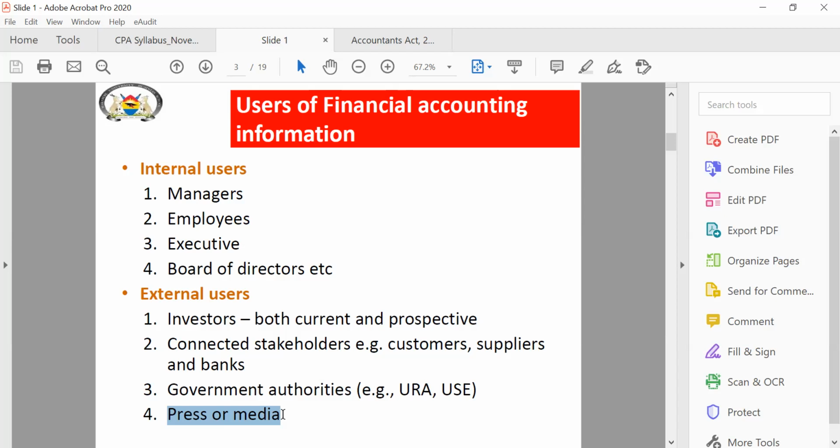When Umeme's contract was not to be renewed, the media came out and informed the people and said Umeme will no longer operate in Uganda after 2025. Now, any person who wants to invest in Umeme, because Umeme is a listed company, should know that if I'm investing in this company, these are the repercussions, okay, of investing in this company.